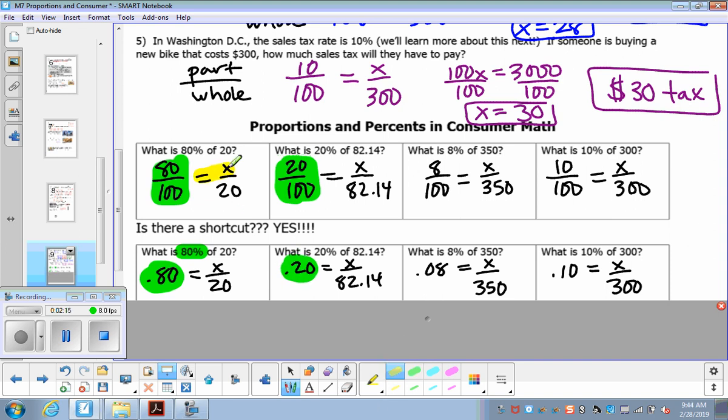Now for this one, I'm just going to take the fraction for the 8% and make it the decimal. That's 8 hundredths. And here we're going to take the fraction and make it the decimal.